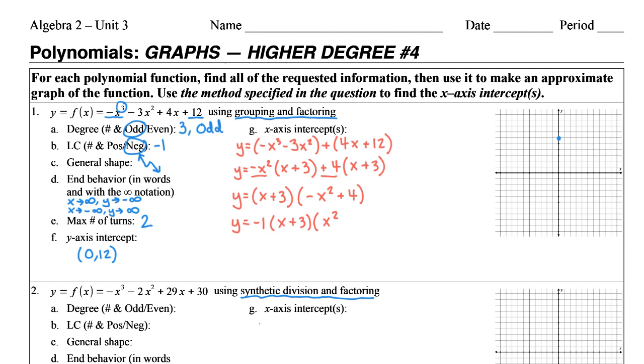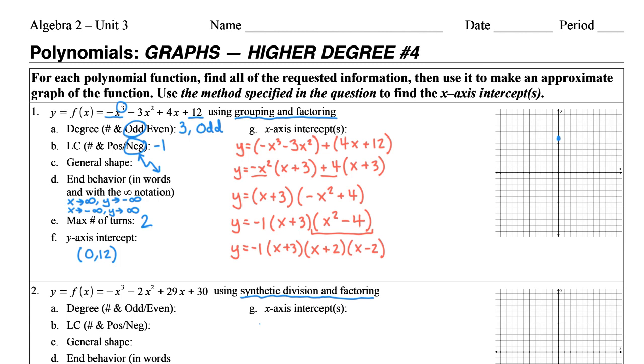If I took a negative out of this 4, I'd have -4. Now we should be able to see, okay, this looks like our square, so we can think about what multiplies to -4 and adds to 0: +2 and -2.